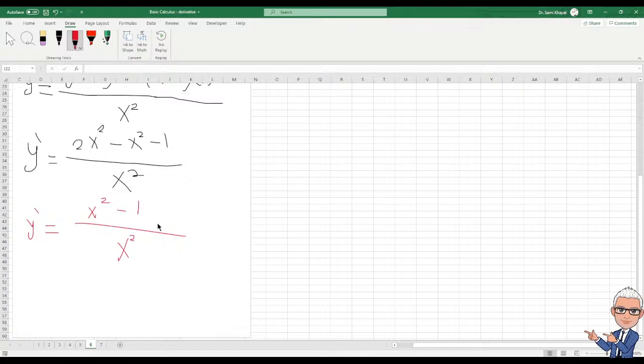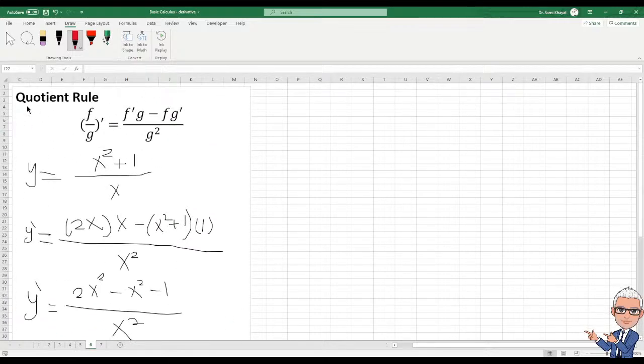This is the answer. Or you can go deeper, it will be 1 minus 1 over x squared. Or you can write it also as 1 minus x negative 2. Okay, so it's the same. This is if it is division, we follow this rule.